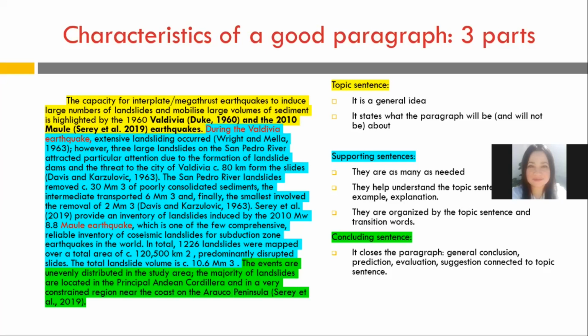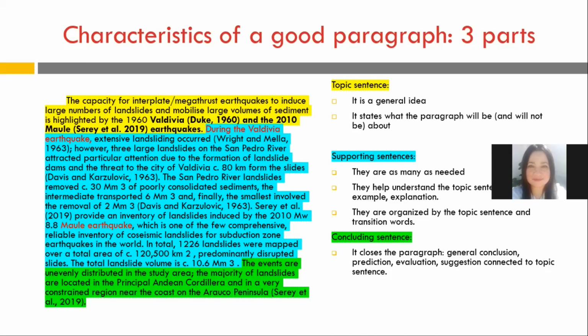You see, the person here is going to illustrate or show in the paragraph how these earthquakes are examples of that, or how that process happens or happened in these earthquakes. And rightly so, for this reason, the person develops this idea in the middle part of the paragraph, which are the supporting sentences.